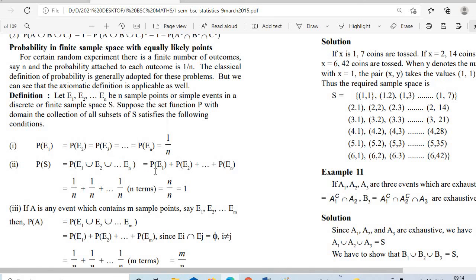So the total probability is 1/n plus 1/n plus etc. 1/n, that is n/n, which equals 1.